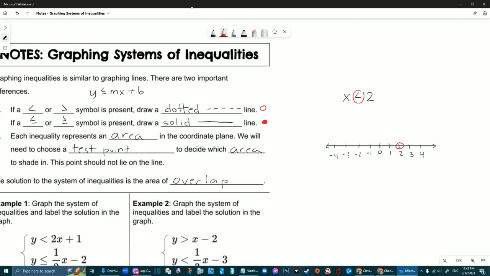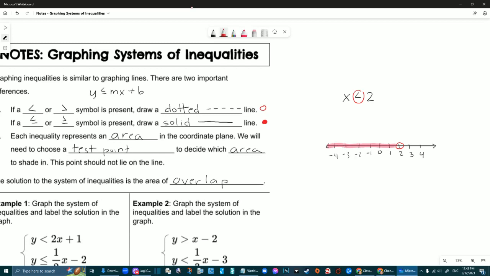The next thing we needed to do was shade in the direction of that inequality. I want to shade in all of the numbers on the number line that make that inequality true. So I'm looking for numbers less than 2. Well, less than is to the left, so I'm going to grab a highlighter and highlight areas to the left of that point.